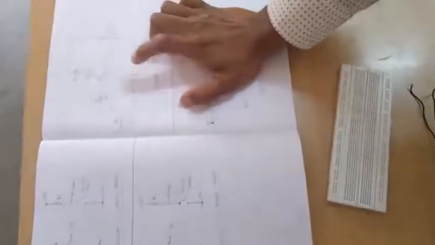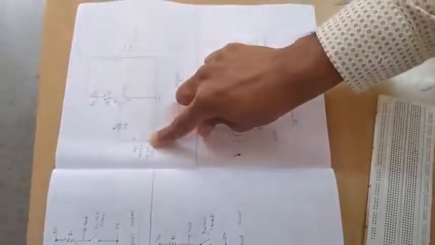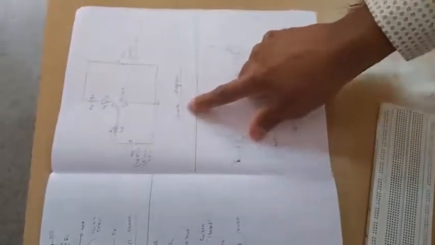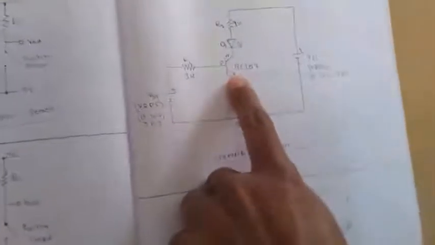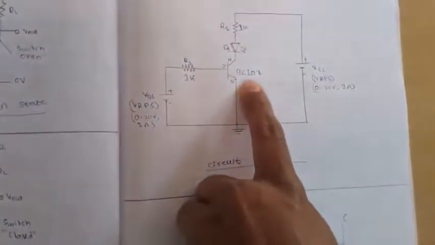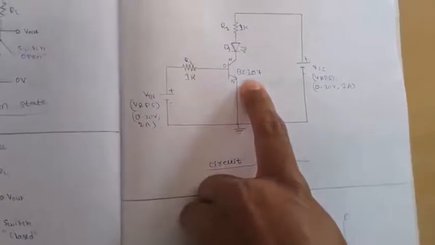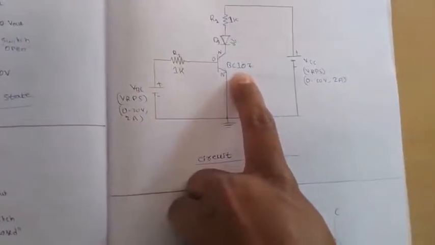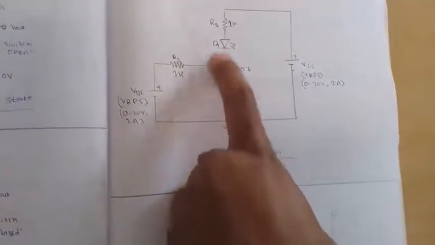Now I'll demonstrate the second part, which is to construct and test the transistor as an electronic switch. Dear students, this is the circuit which I have used here to test the transistor. The transistor used for the experiment is the BC107 NPN transistor.